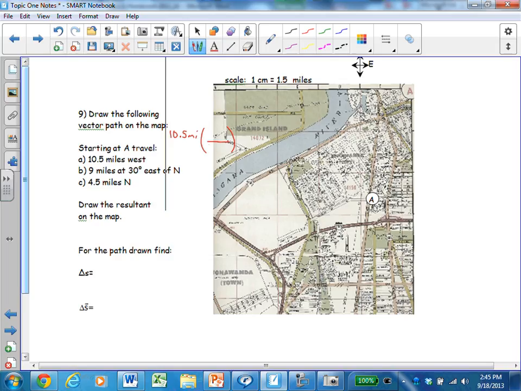But in this case, it's 1.5 miles to 1 centimeter. And now that will get us to centimeters. And what is that? What's 10.5 divided by 1.5? 7. So 7 centimeters.